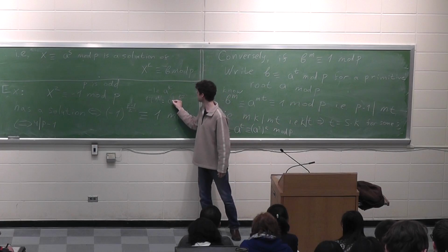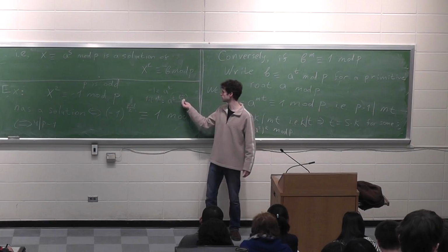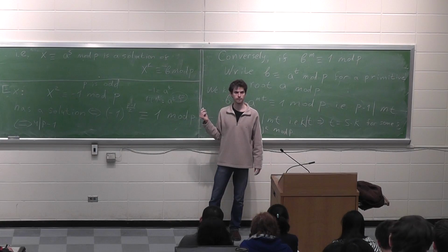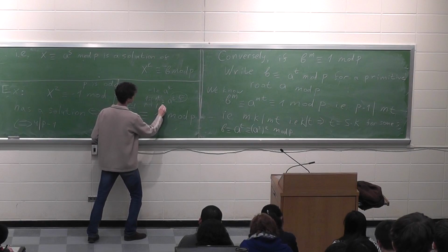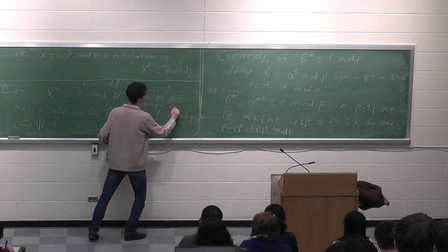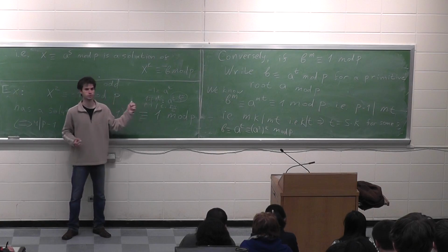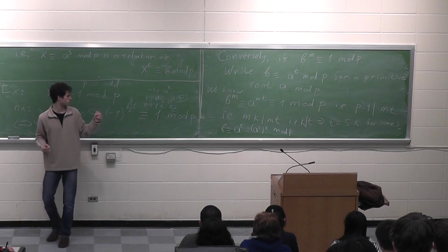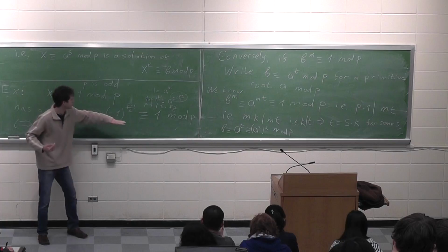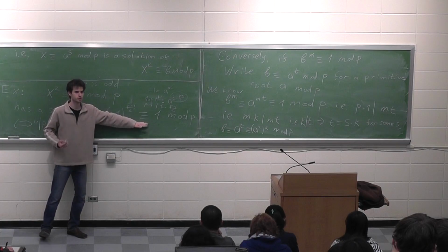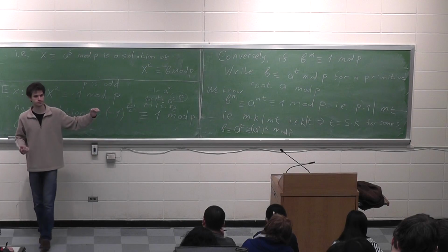It means that this exponent is divisible by p - 1. So from this it follows that p - 1 divides t times (p - 1) divided by 2. It means that t is divisible by 2. So once again, if it is some power of the primitive element, and you know that this equality holds, then this power must be even. That's our claim.